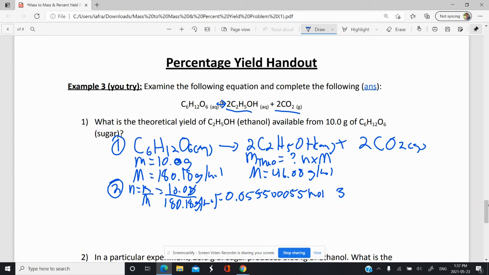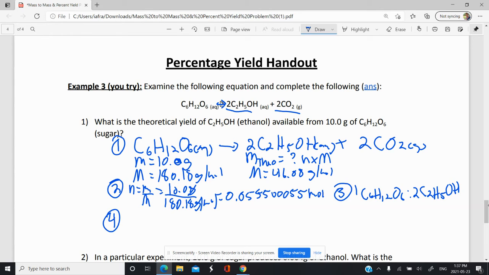And so now we can do our mole ratio between our reactants and our products. So it's 1 glucose for every 2 ethanol. And so we can use that mole ratio to find the moles of ethanol produced, which is basically just doing our moles of glucose times 2.